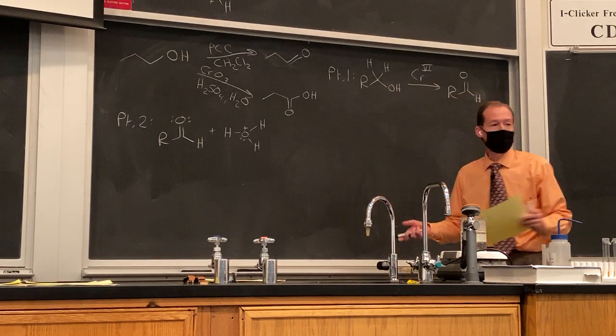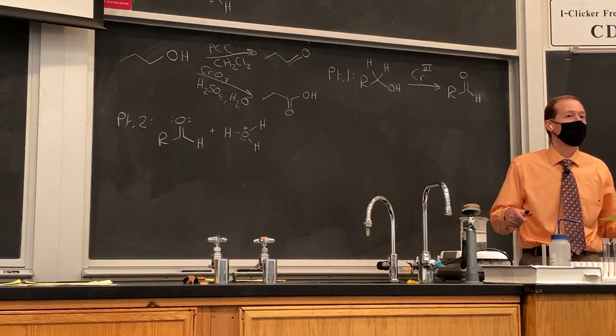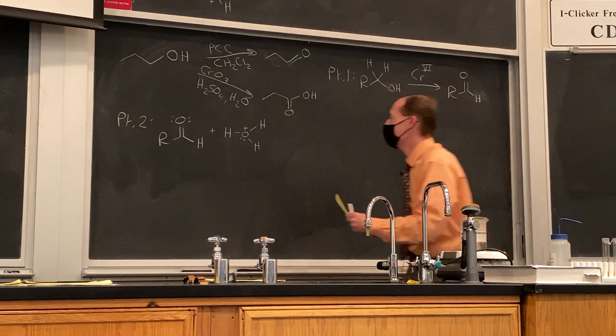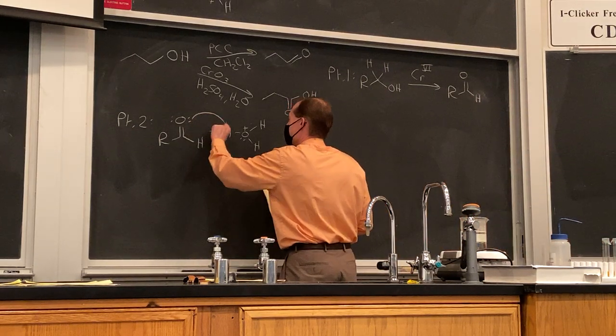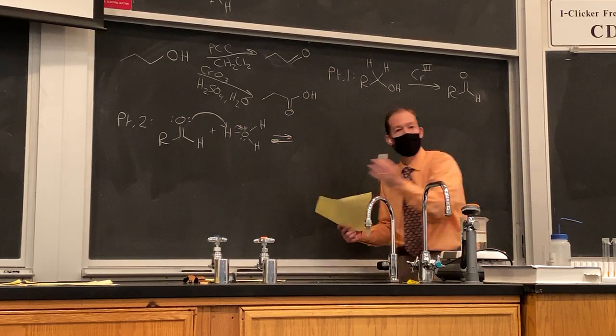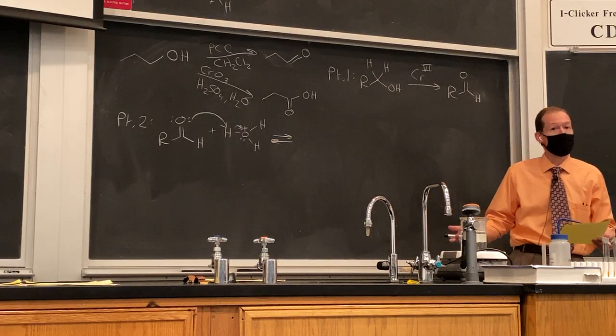So if we're going to protonate an aldehyde, which atom of the aldehyde do you think we're going to protonate? The oxygen. We have lone pairs on the oxygen. The oxygen is Lewis basic, so we protonate the oxygen. Okay? And this is reversible. We'll talk about that in a moment as well, but we'll use equilibrium arrows to draw this mechanism. Okay?